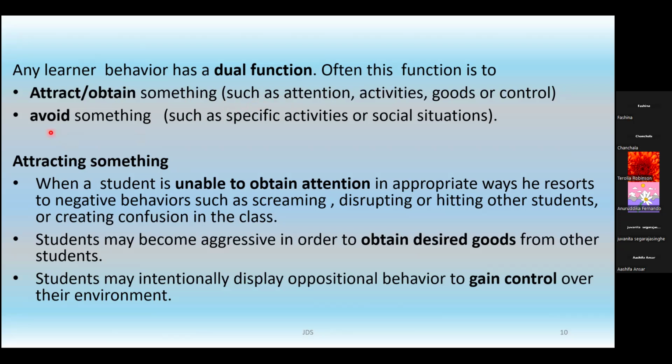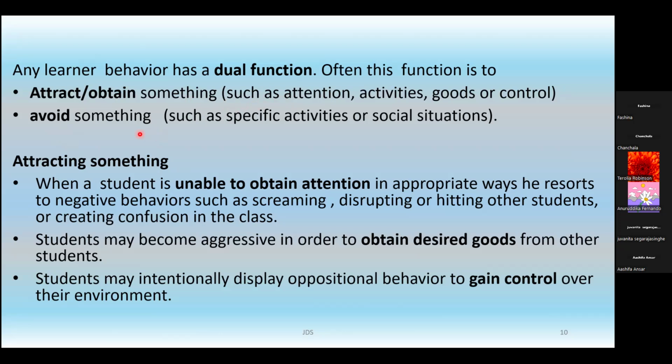The second one is to avoid something, to refrain. Maybe due to fear, they want to avoid learning that particular subject, or they might not be confident about themselves. Therefore, they don't want to get involved in learning that, or in doing a certain activity.